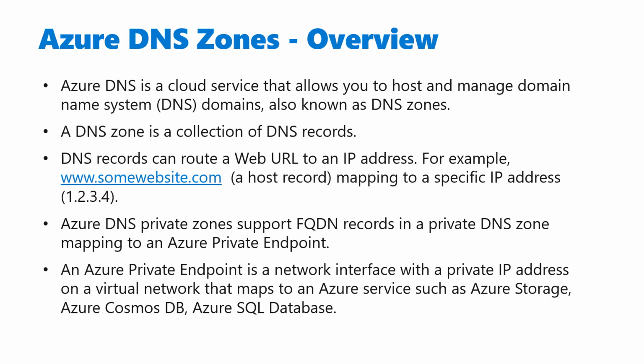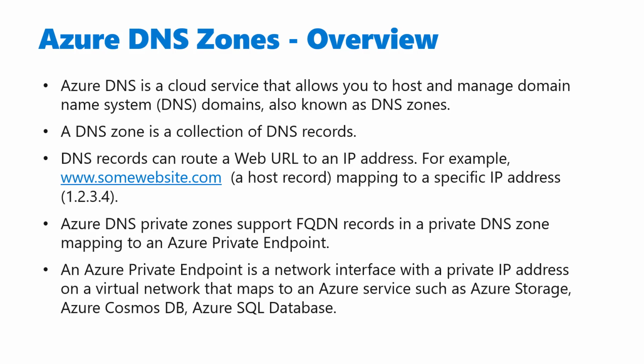We'll learn more about private endpoints in the upcoming videos, wherein we will create private endpoints using Bicep. For now, just understand that it's a network interface using which we get a private IP address, and that private IP address can be assigned to an Azure PaaS service like storage account, web application, or SQL database.